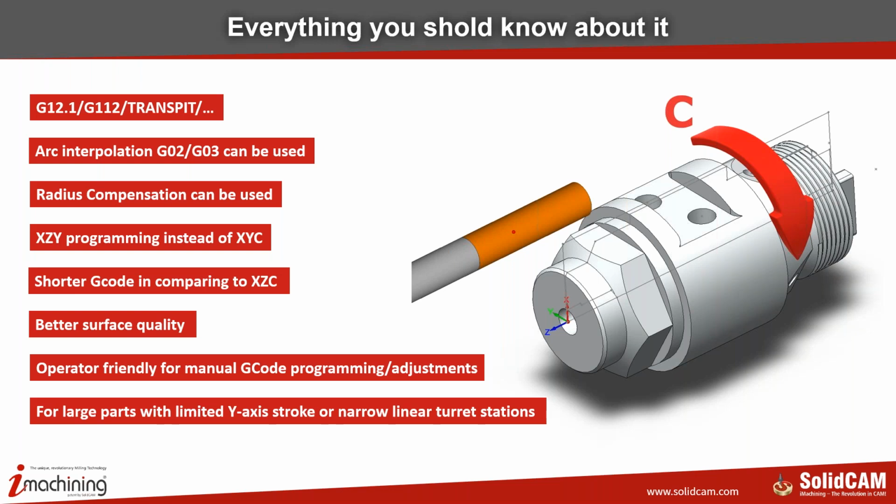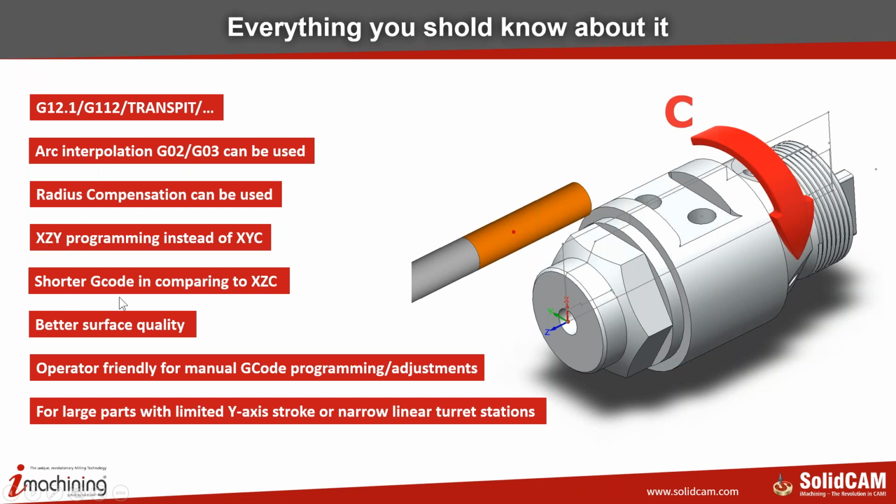If you're doing only X, Z, C with clear coordinates, you can't use the compensation. And this is, in most cases, not acceptable. So you must use radius compensation. Here I also mention XZY or XYZ programming instead of XYC. I will talk about why this is like this.